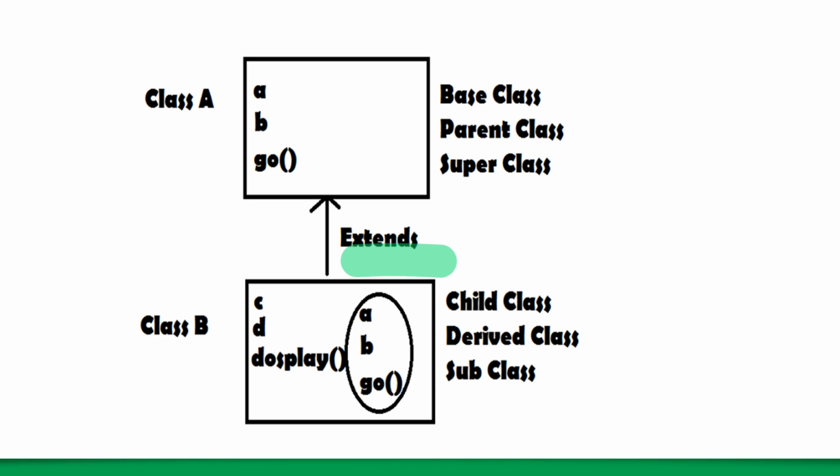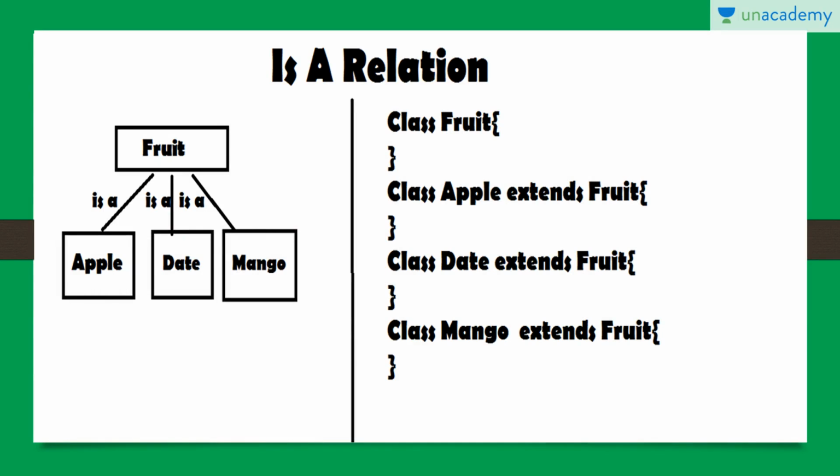Before telling you with the example, let me tell you what an is-a relation is. An is-a relation is a relation between two classes which are included in the process of inheritance. It means that if a class is acquiring the components of another class, they both will have an is-a relation.